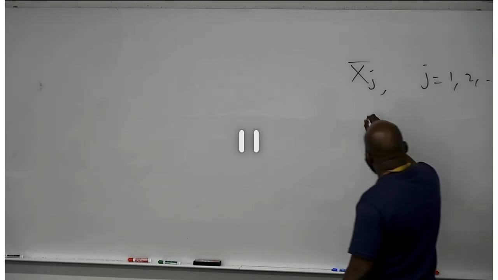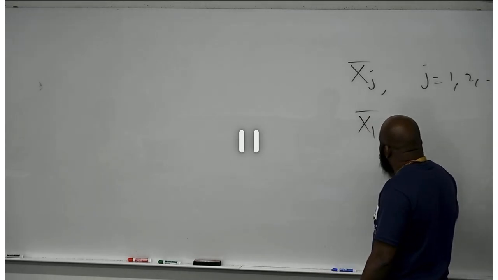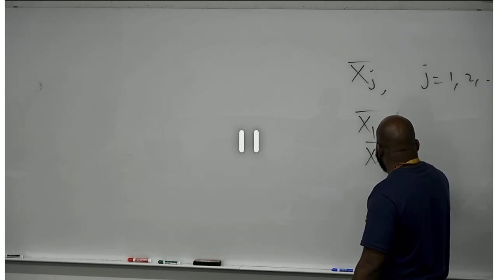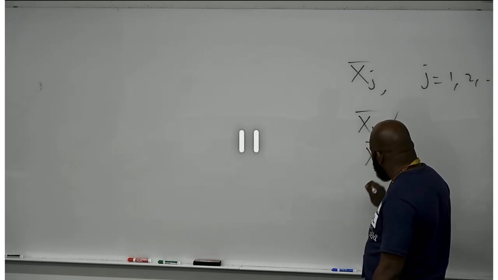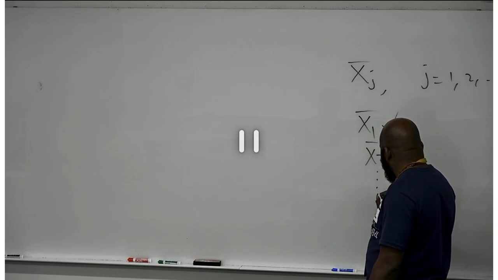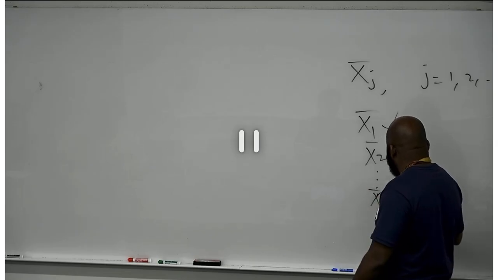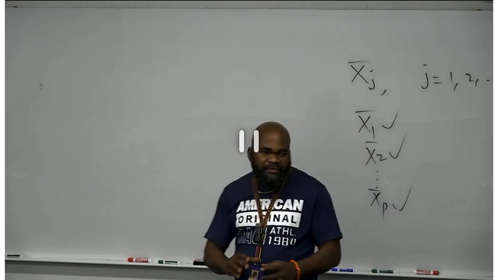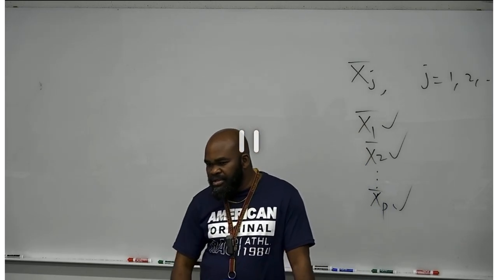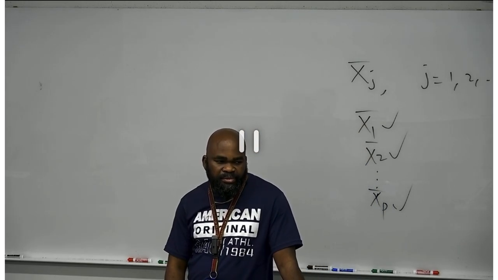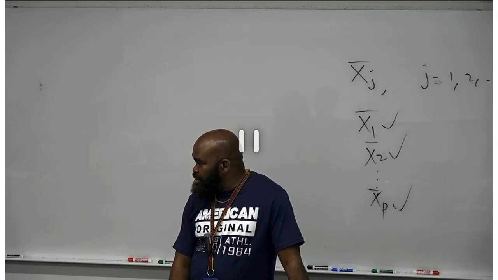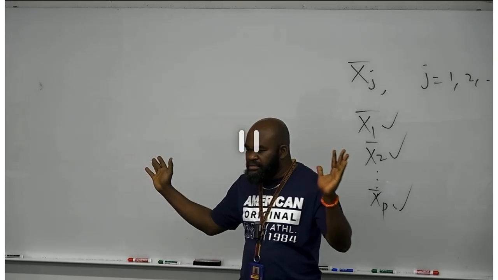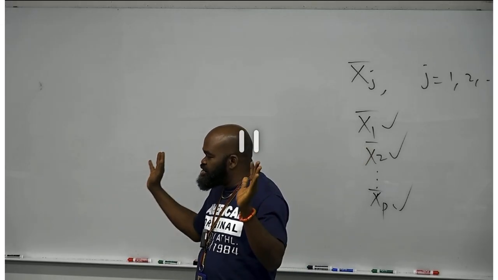So x bar 1 will be the mean of the first variable, x bar 2 the mean of the second variable, and I'm going to do that until I get to the last variable. So whether I want the mean of the first variable, the second variable, or any other variable, I'm just going to use the same formula. The formula doesn't change.